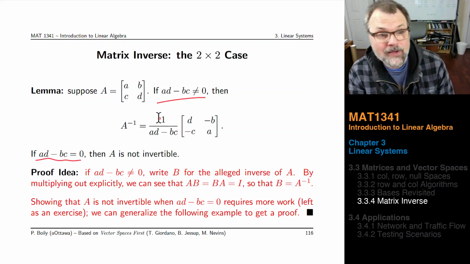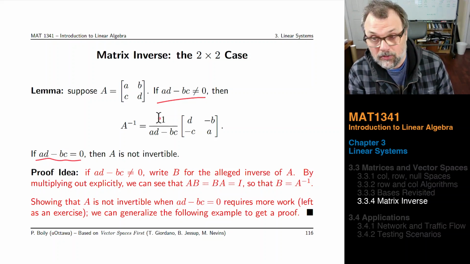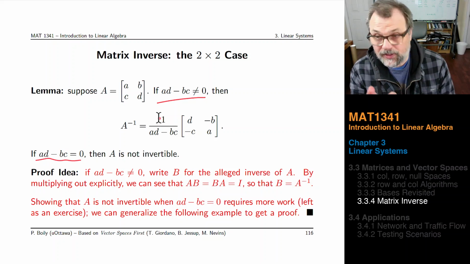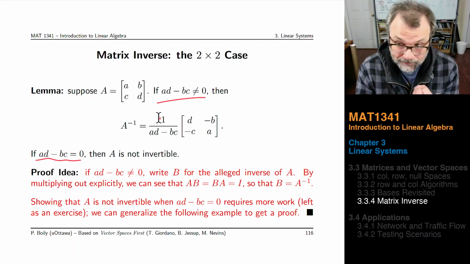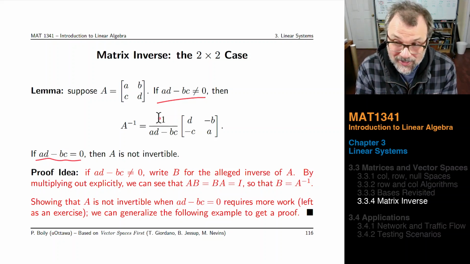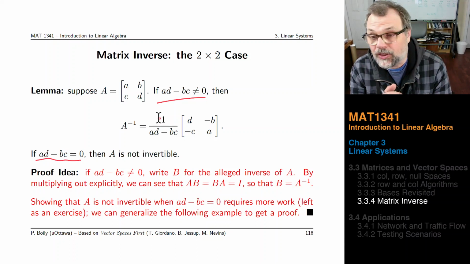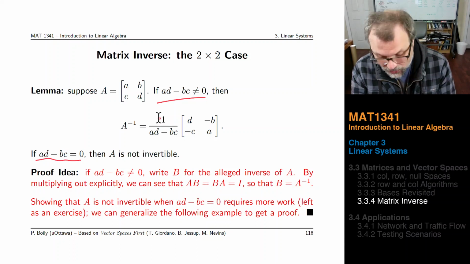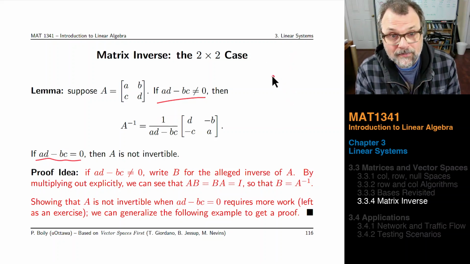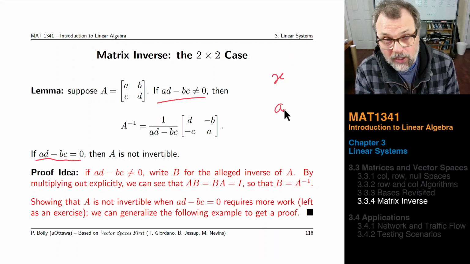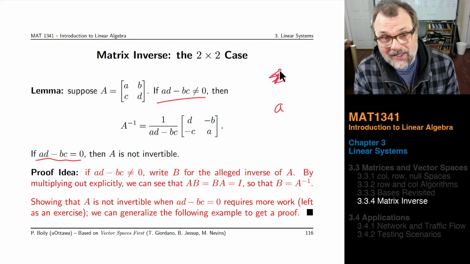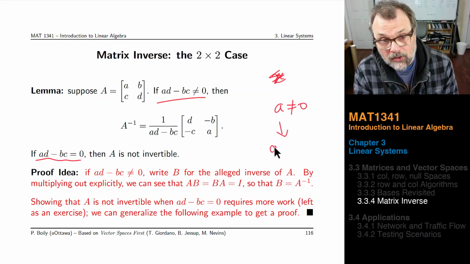Okay, if it turns out that the determinant was equal to 0, I can't divide here. Well, in that case, the matrix is not invertible. For matrices, the condition that determines if they're invertible or not is actually a condition on a determinant. For a real number, x, or a, or whatever you want to call it, we say that a is invertible if it's not equal to 0, because then you'd get 1 over a.